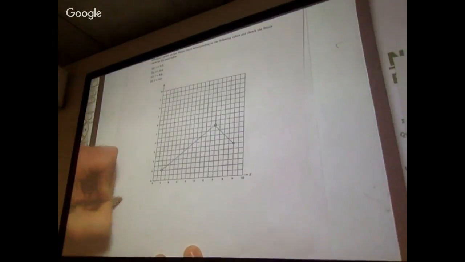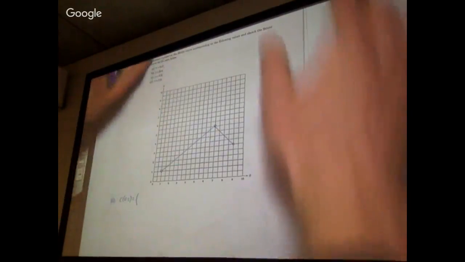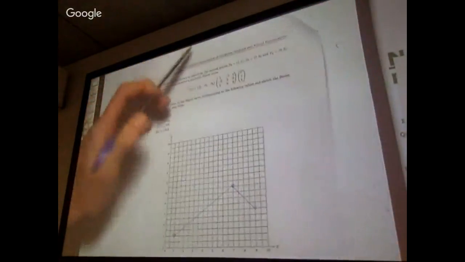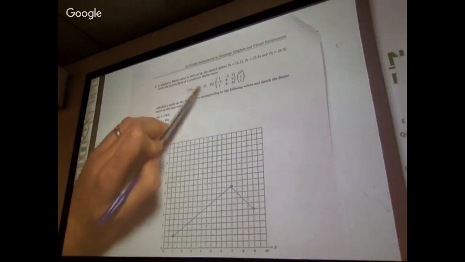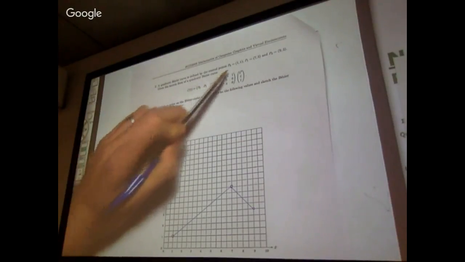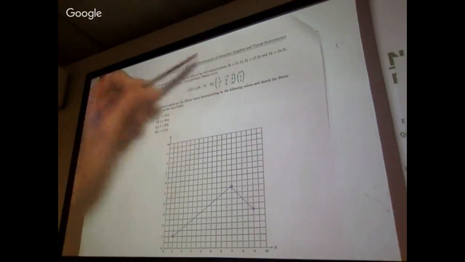What we have is, when t is equal to 0.2, the first thing I have is this matrix. Now this will be a 2 by 3 matrix because each of these coordinates has 2 elements in it.